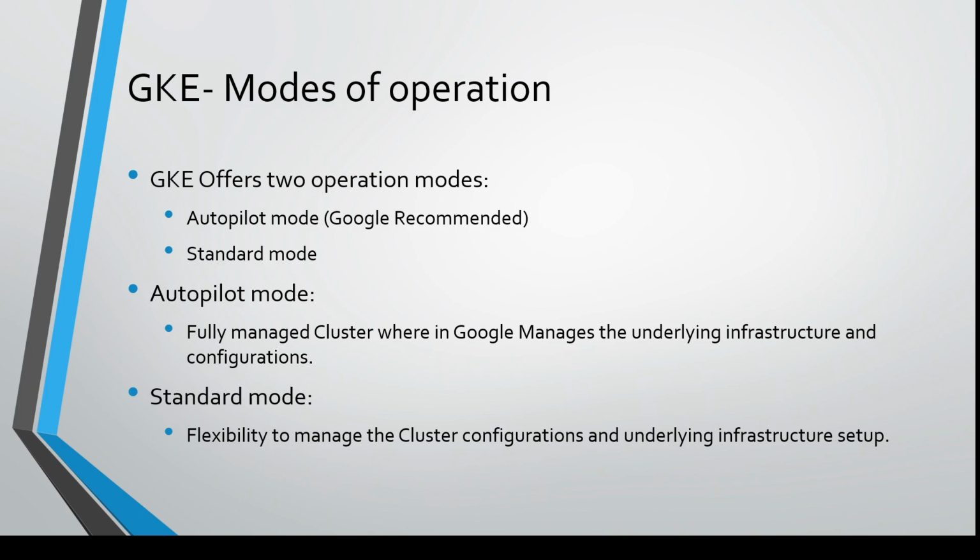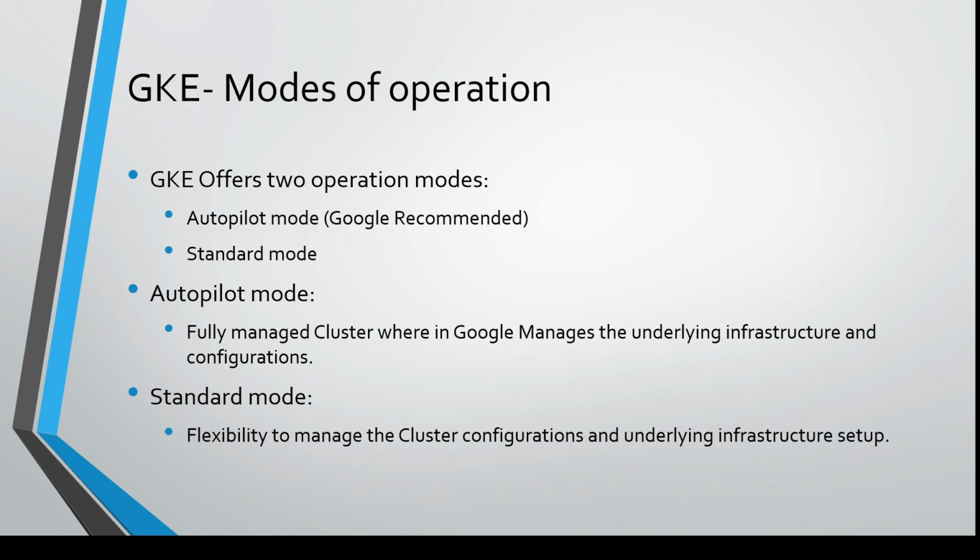But irrespective of what mode you choose, your control plane is the managed one. Only for the data plane, where you have different node pools for your workloads, do you get to make your own custom configurations. The control plane is completely managed by Google, and Google takes care of patching the control plane nodes, upgrades, and Kubernetes version upgrades for the control plane.